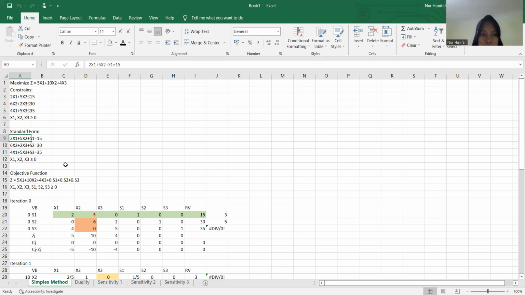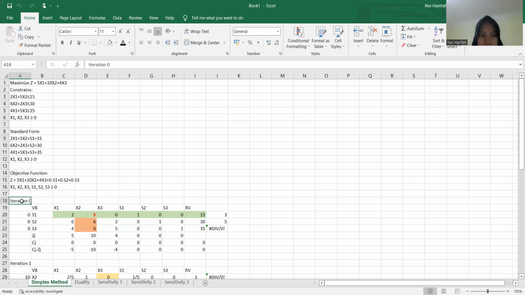And now the objective function z is equal to 5x1 plus 10x2 plus 4x3 plus 0 times s1 plus 0 times s2 and plus 0 times s3, where x1, x2, x3, s1, s2, and s3 are greater than or equal to 0.